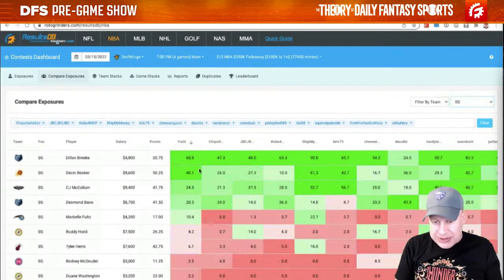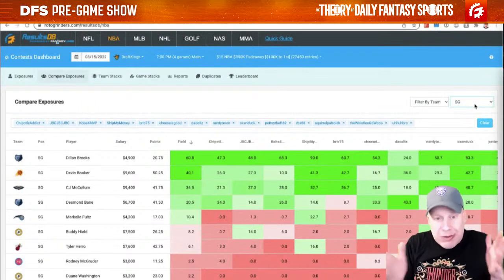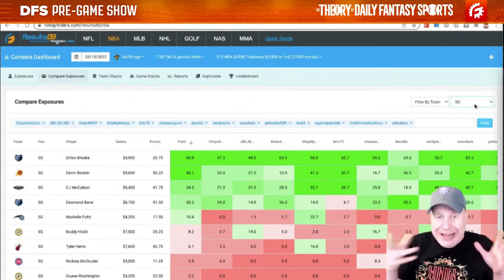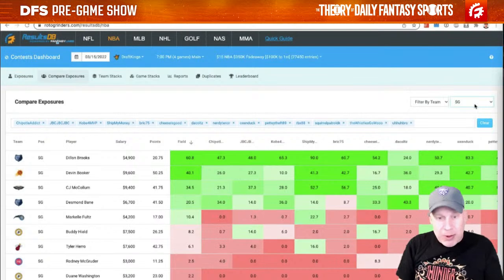Go to the shooting guard positions, you had Brooks, McCollum projected very well, Bane. I mean, you just had a lot more options at the guard positions that you're more likely to spend the salary for raw points in small forward or power forward. But that's the reason. Not like they liked Durant over Kyrie. No, it's a construction issue.